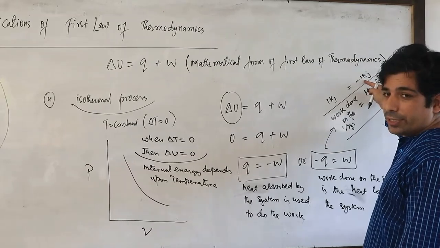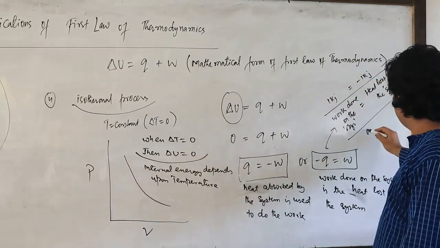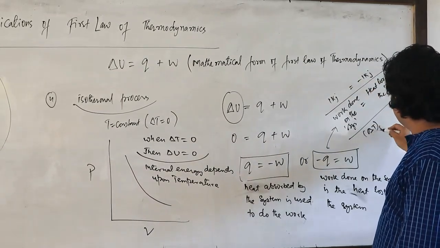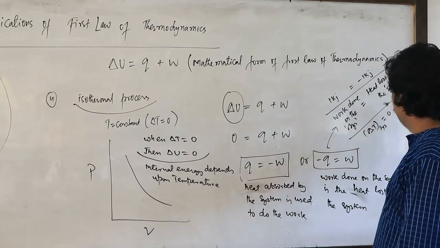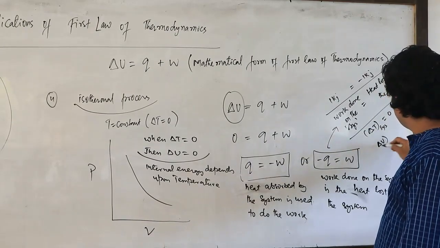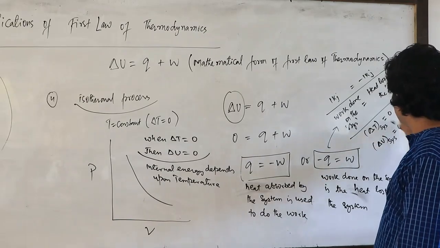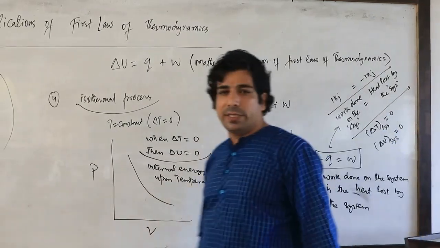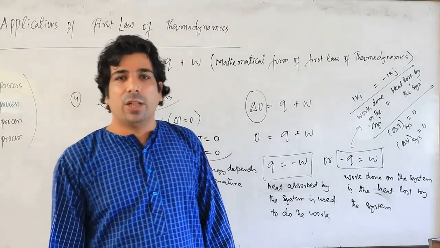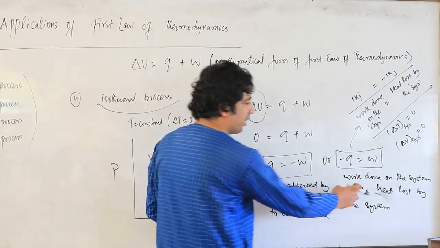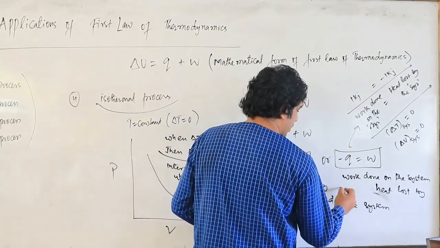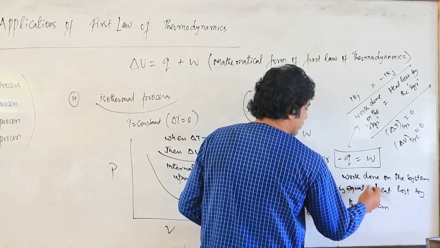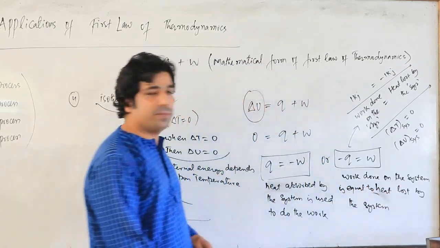So overall change is what? 0. That means delta T of the system will not change, and internal energy of the system will also not change, because work done on the system is equal to the heat lost by the system. I hope you have understood.